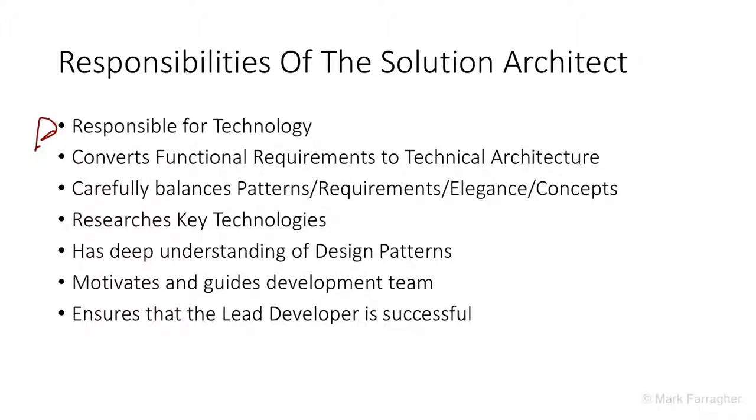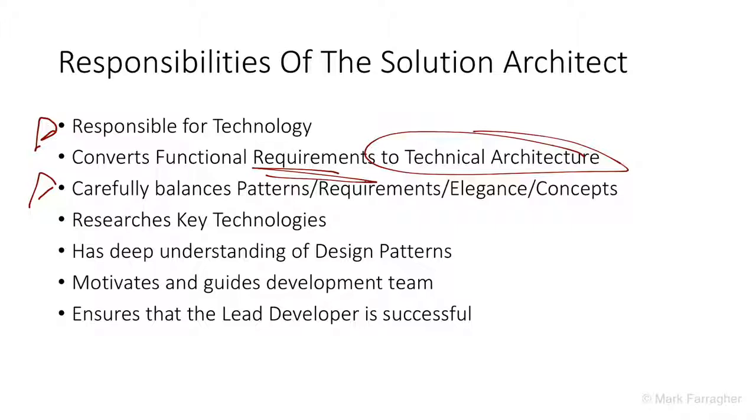So the architect, I said it already, converts the functional specifications, the functional requirements made by the functional analyst, and turns them into a technical architecture. Now, to do this, it requires a very careful balance of design patterns, of requirements, of elegance, and of technical concepts.